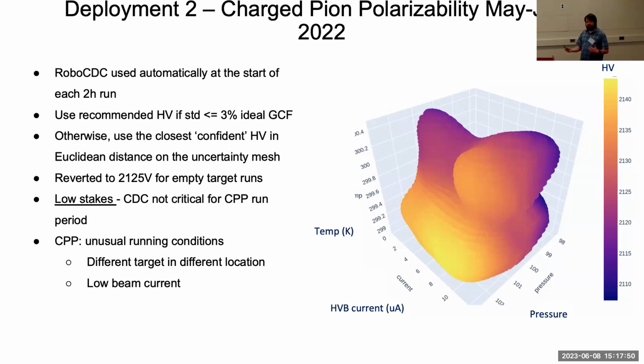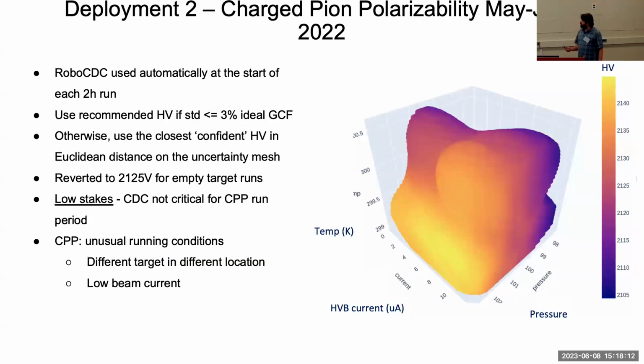As the conditions change, the gain of the detector changes. So we asked the question, can we dynamically control all the high voltages in order to produce stable gains? I'm not going to go through all of this, but we were using a Gaussian process, and one of the reasons we settled on it is that it gave us uncertainty out of the box.